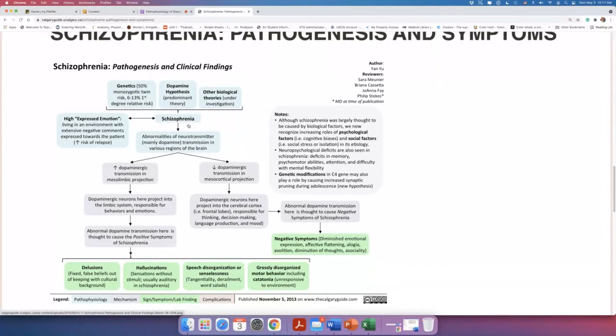Now, if we want to be more specific, and we give you a vignette with a patient that has schizophrenia, and we describe the hallucinations, the autistic behavior, the lack of social interaction, the withdrawal, the delusions, and a question may ask you, which of the following best explains the hallucinations?